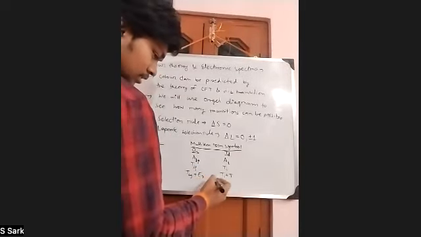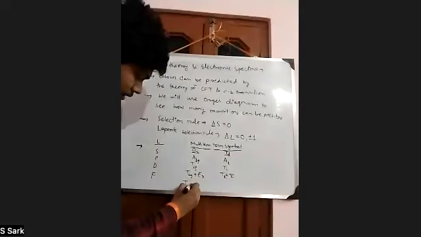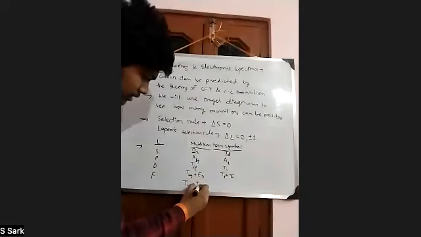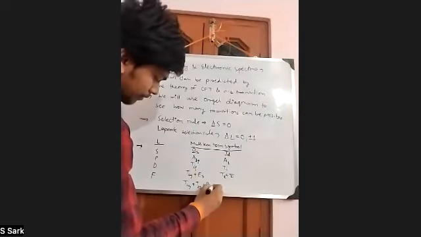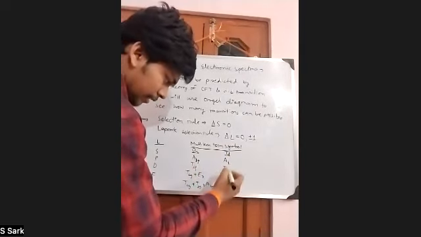And in case of F, it is T1G plus T2G plus A2G, and in case of tetrahedral, it will be T1 plus T2 plus A2.